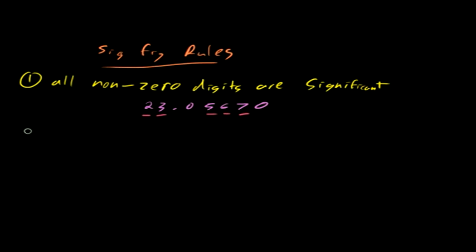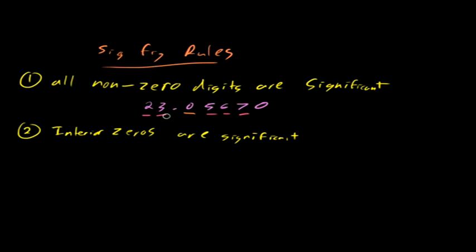The second rule is that the interior zeros are significant. So that means that these zeros that are in between, or just this one zero in this example, is significant because it's in between one significant figure and another.